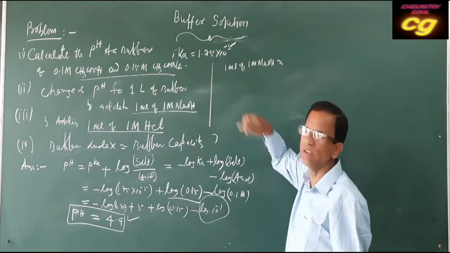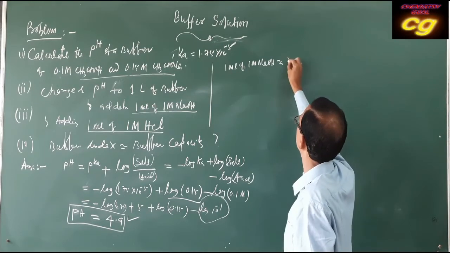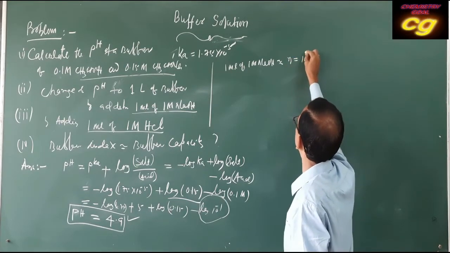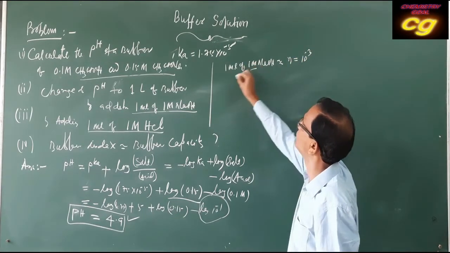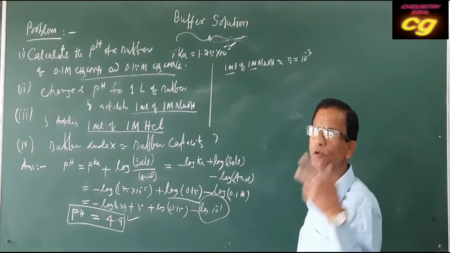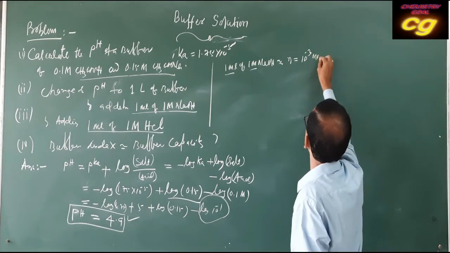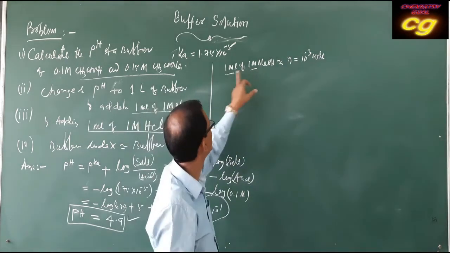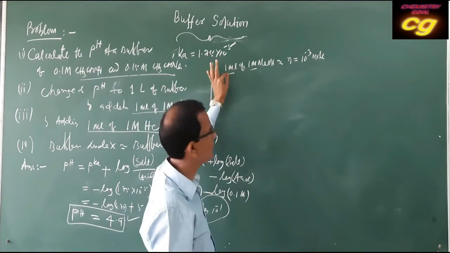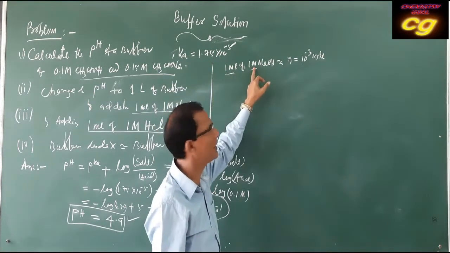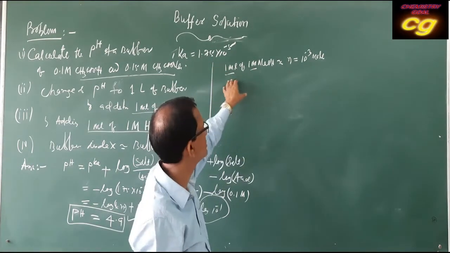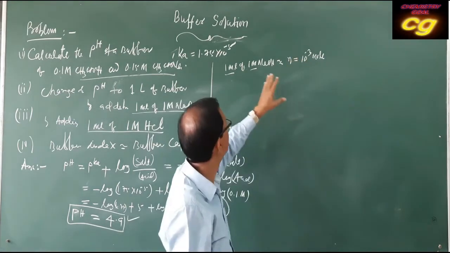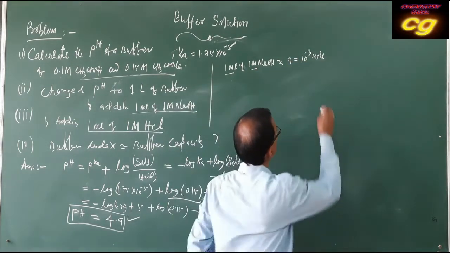If the volume is 1 ml, the number of moles of NaOH will be 10 to the power minus 3, because 1 ml of 1 liter is 10 to the minus 3. Volume is 1 ml and concentration is 1 M, so the moles of NaOH is 10 to the minus 3 moles.